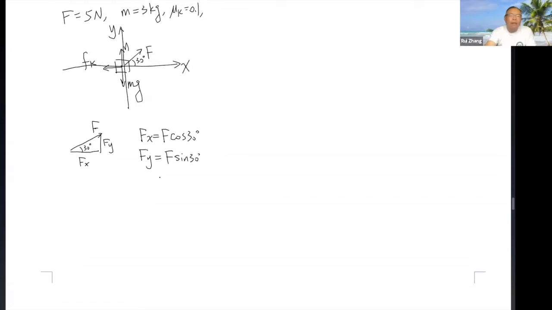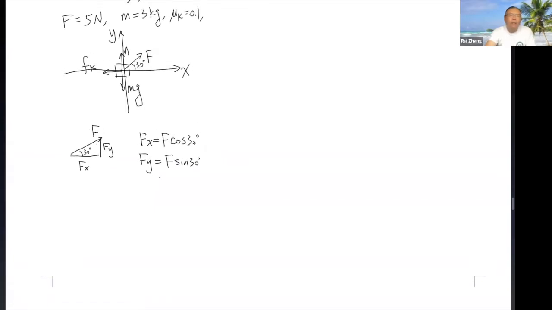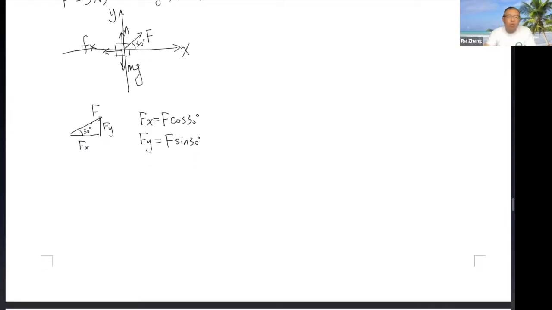Now, after you find them, you could just write them down. It may be better to draw another free body diagram. Instead of drawing the original force, you could draw these two components there. It makes things even more clear. So X and Y. And actually, a lot of times you don't need to draw the original box, to make it a little less messy.